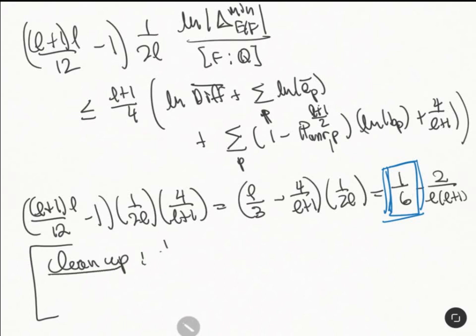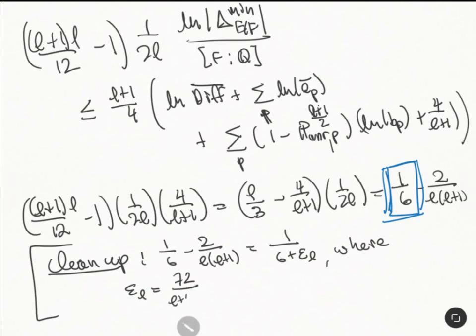Okay, so 1/6 minus 2 over L times L plus 1 can be written as 1 over 6 plus epsilon L, where epsilon L is, and I have a formula for it where I wrote it down. The computer wrote out what it was. So epsilon L is equal to 72 over L plus 4 times L minus 3.